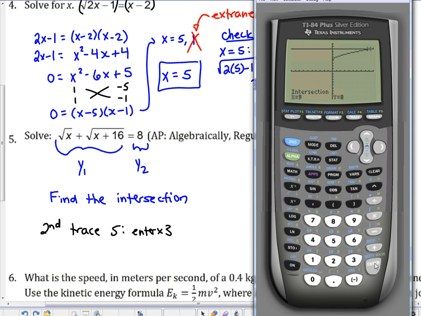And there it is. Now, do we want the x or the y? Just the x, because we're looking for what x is. Notice we had y equals 8 as one of the equations. And we want when this is equal to 8. So we're looking for what x is. x is 9. And so 9 is a solution.